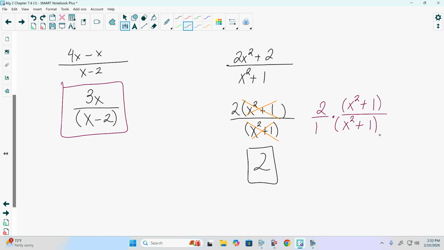The x squared plus 1s would simplify to 1, giving us just 2. So we've seen the difference between two terms being added and multiplied. Multiplied makes simplifying nicer. But if it's just addition, subtraction, like on the last one, we can't just cross the x's out because they're stuck together. Questions on this here?